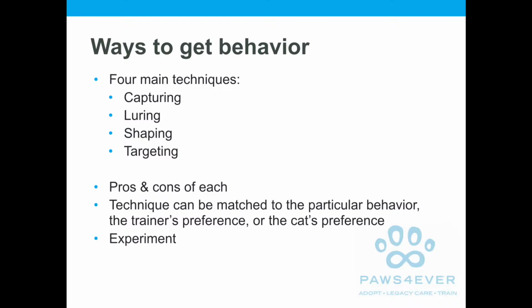You can base your choice of technique on your personal preference as a trainer, the individual cat's preferences or strong suit, or the particular behavior you're training itself. If you're struggling to teach a behavior, consider switching tactics, and you may find a different technique works better to get the same behavior. In the slides that follow, we'll discuss each of the 4 techniques in depth.